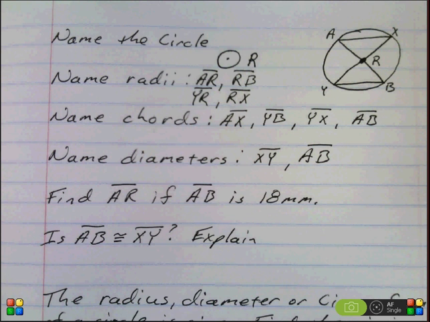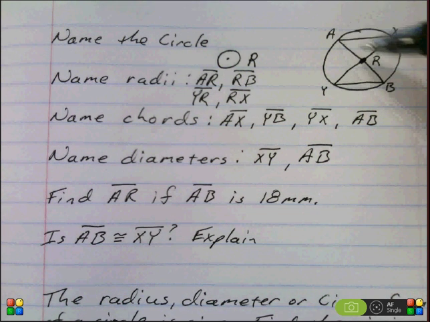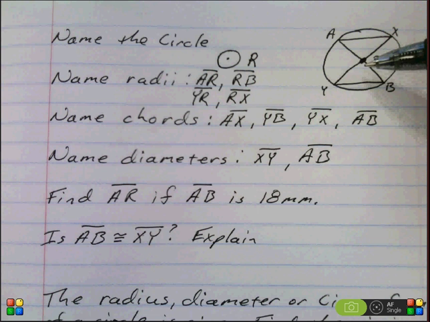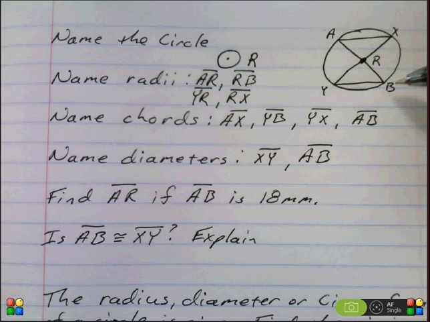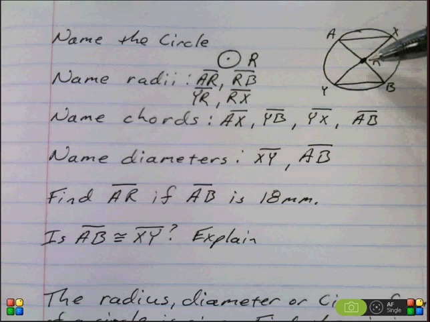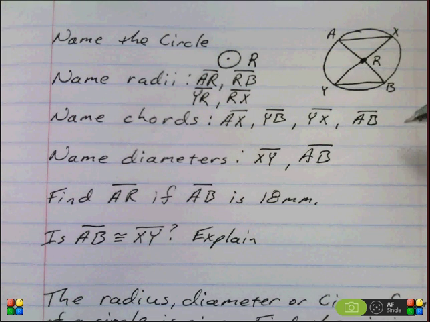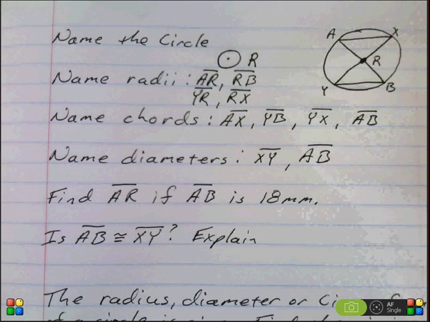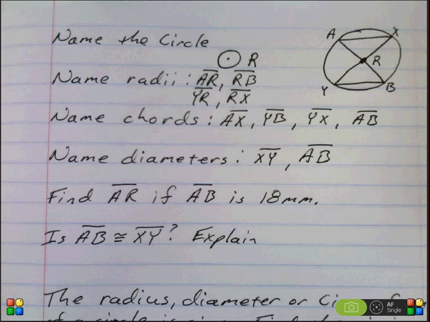Next, we're going to find AR. AR, we said, was a radius. If we know that AB, which we said was a diameter, is 18, what's the relationship between those two? AR and RB are both radii, so they're the exact same length for that circle.